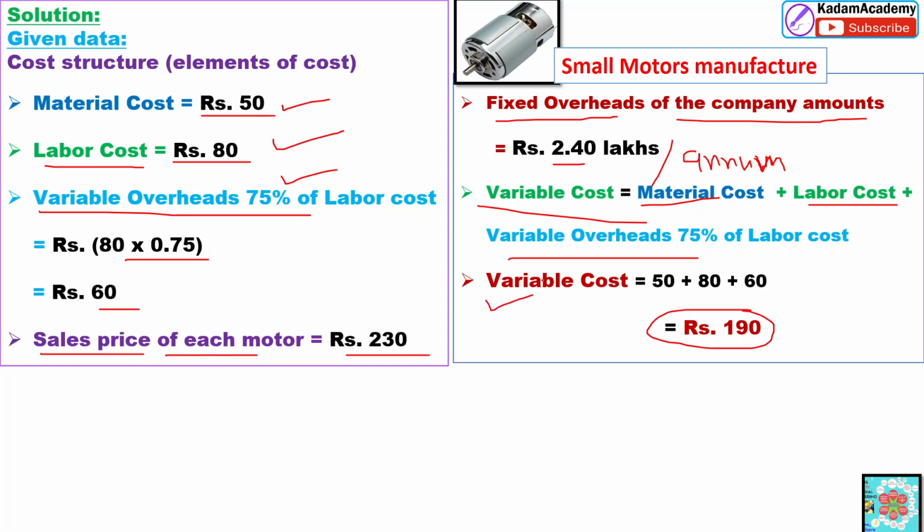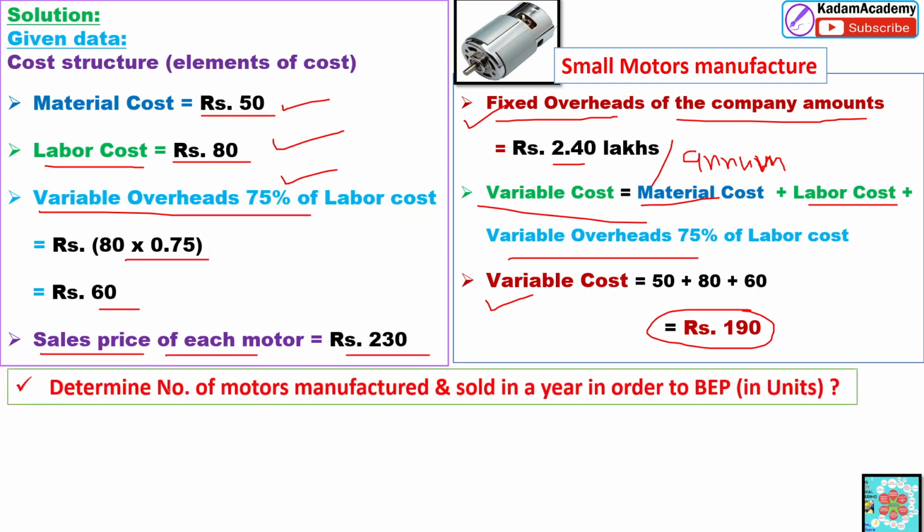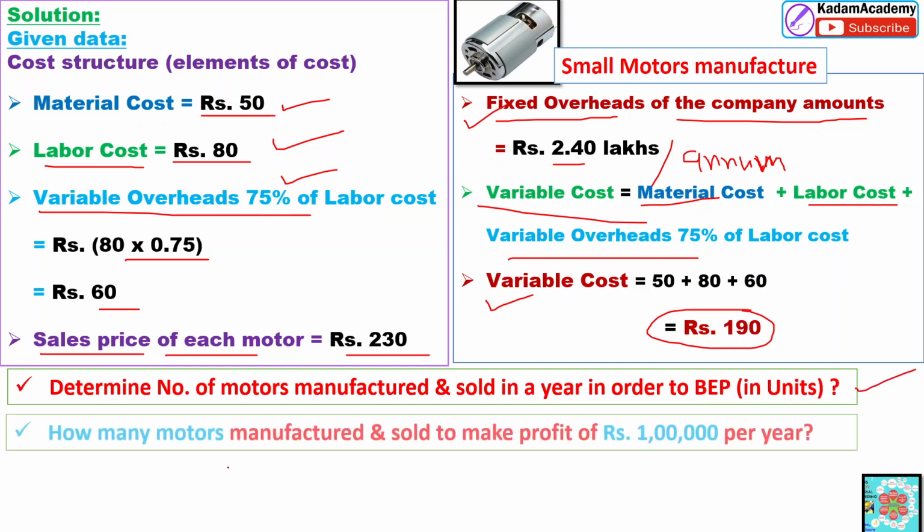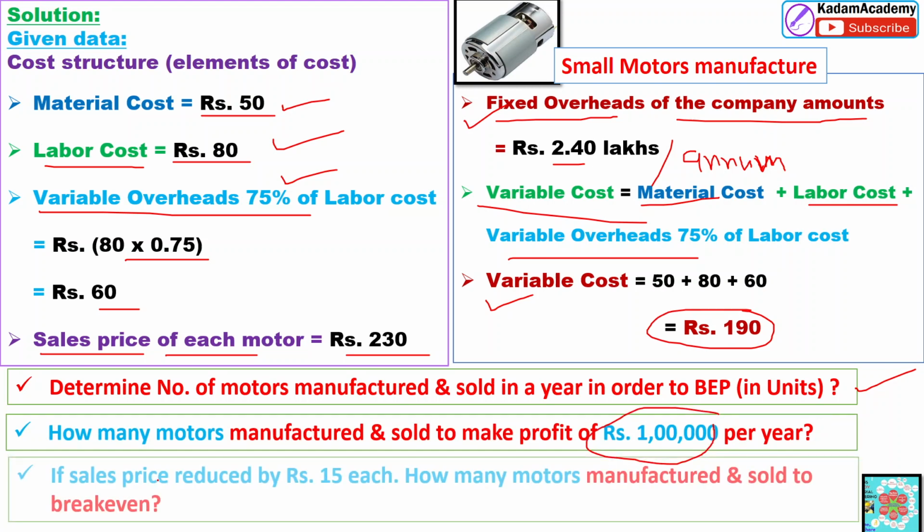We have the variable cost and fixed cost, and we have to find out the following. Determine the number of motors manufactured and sold in a year in order to achieve break-even. That is the break-even point, in units. Second, how many motors must be manufactured and sold to make a profit of 1 lakh rupees per year?